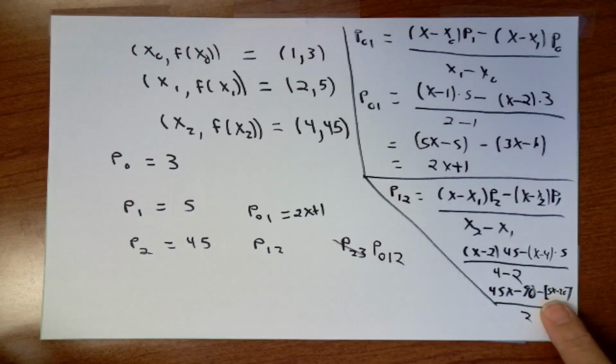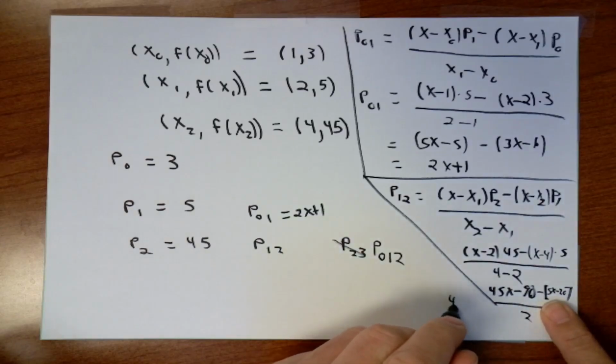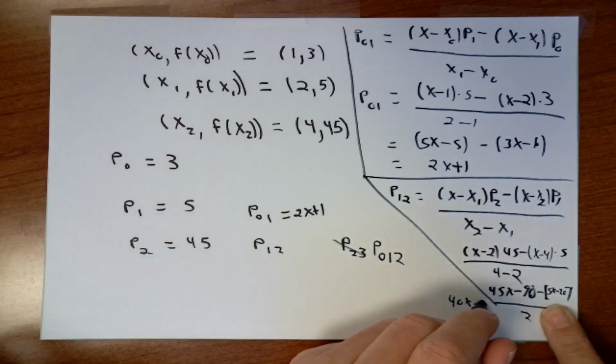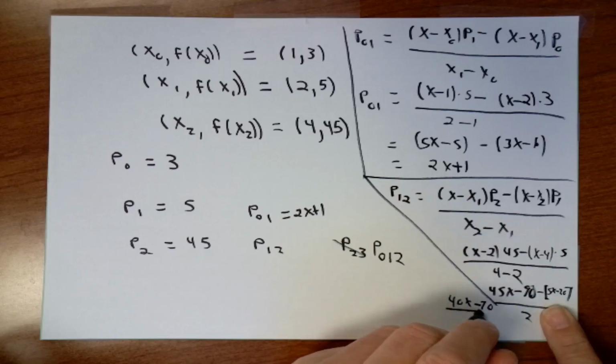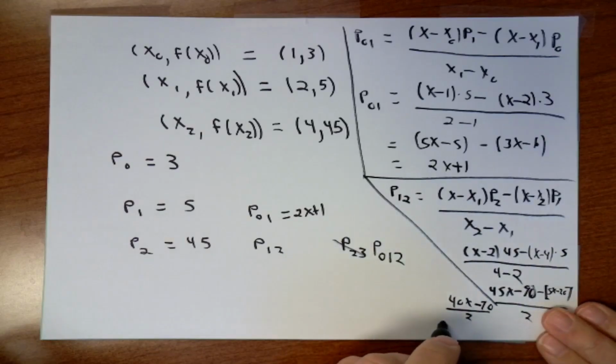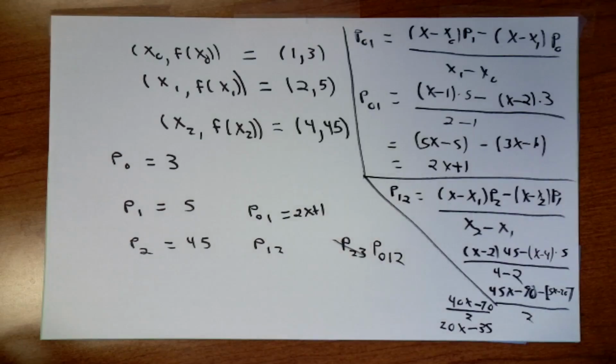45x minus 5x is 40 times x. Negative 90 minus minus is plus 20, minus 70, divided by 2, which will be 20x minus 35.